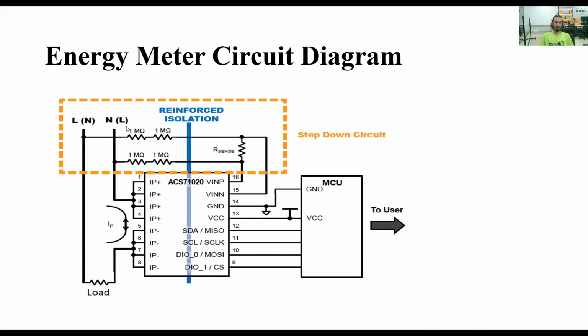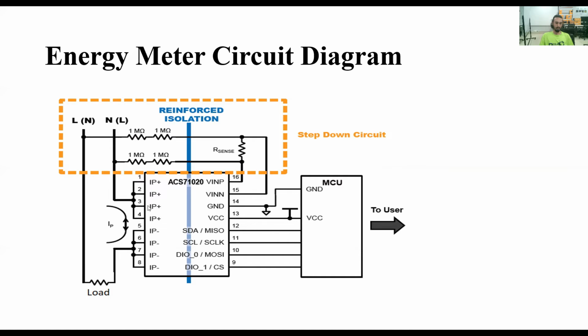This is the 220 line. This 220 line is connected with the first 4 pins of our IC. The first 4 pins are internally fused, and these 4 pins are also internally fused. And the second line of 220 volt is connected with the load, and with the help of the load, it is connected with the negative input pin of our IC.